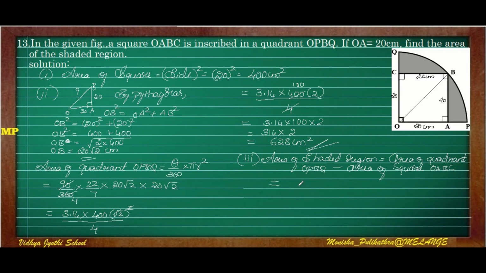So the area of the quadrant is 628 centimeter square minus the square, which is 400 centimeter square. So it is equal to 228 centimeter square, which is the area of the shaded region. I hope you understood this.